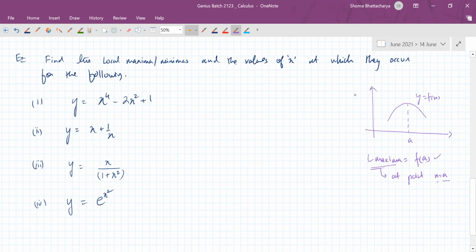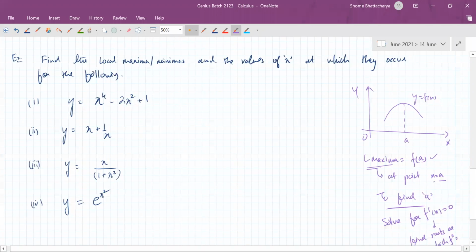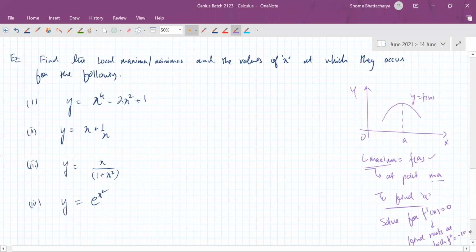Now generally to find this point a, what is the method that we use? The condition that we discussed. To find the position at which this is occurring, we solve for f prime x equal to 0, and we find the roots at which f double prime is negative, or in the case of minima, f double prime is positive.